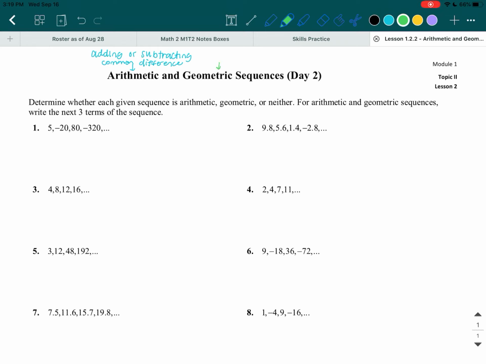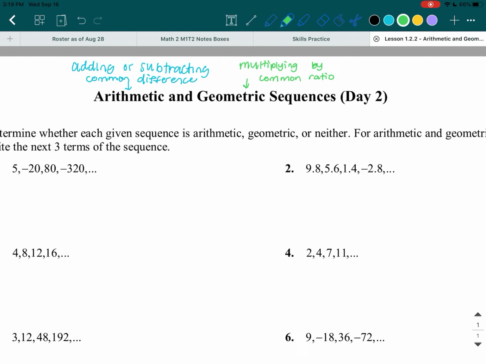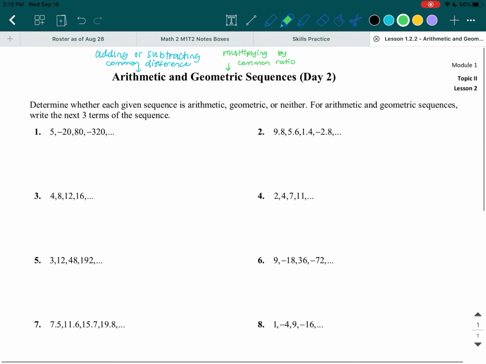Okay, and then to remind you about geometric, for geometric you are not adding or subtracting, you are multiplying. And you are multiplying by the common ratio. Okay? Common ratio is represented by R, common difference is represented by D.